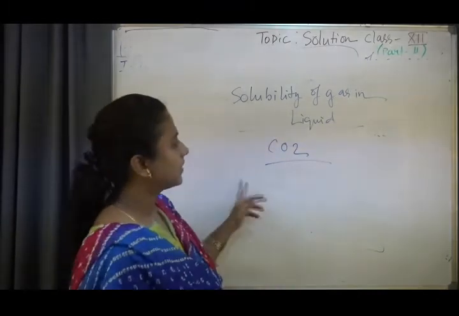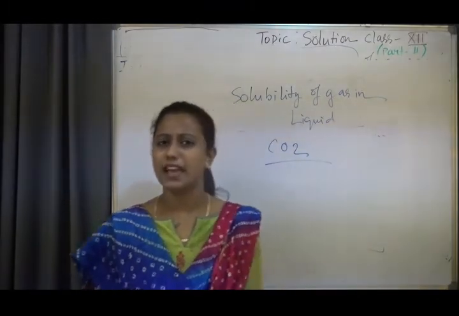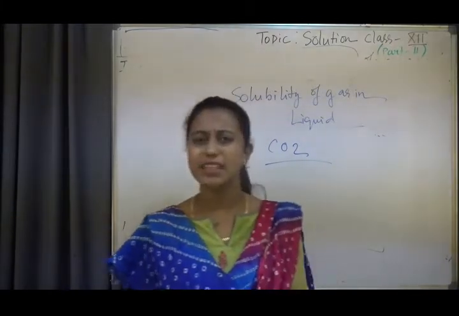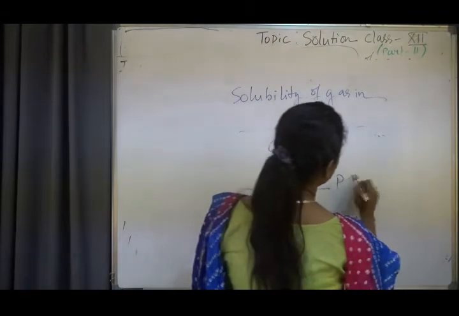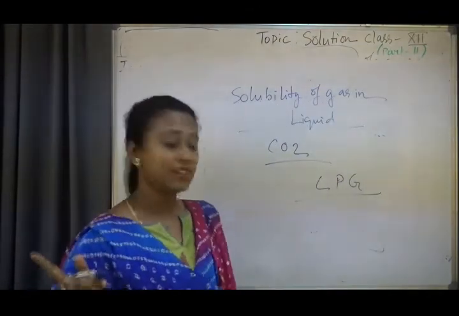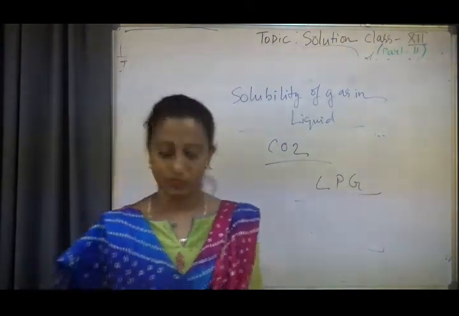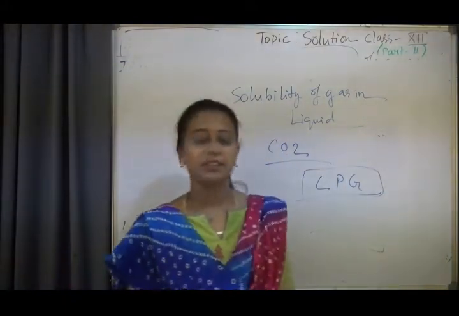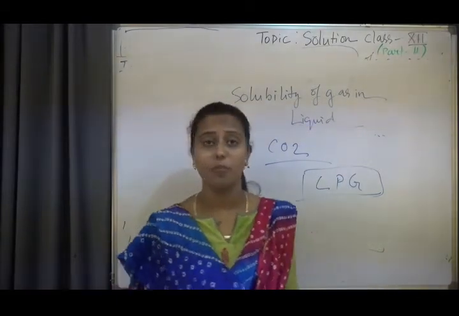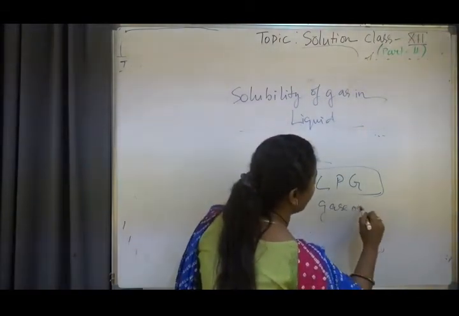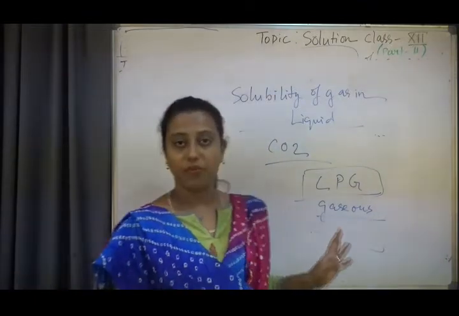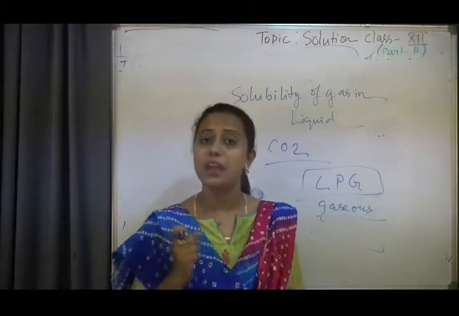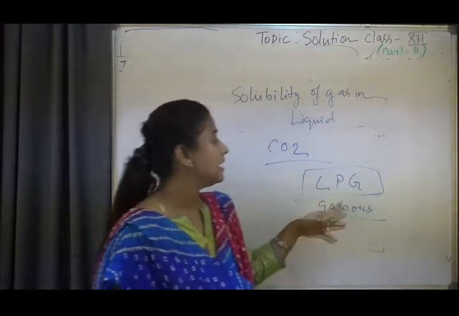Can you name some examples of gases which are found in liquid form? Some examples you easily see at home. Suppose LPG. What is the full form of LPG? Liquid petroleum gas. All of you know. LPG is a gaseous form, but under high pressure and low temperature, it is liquefied.